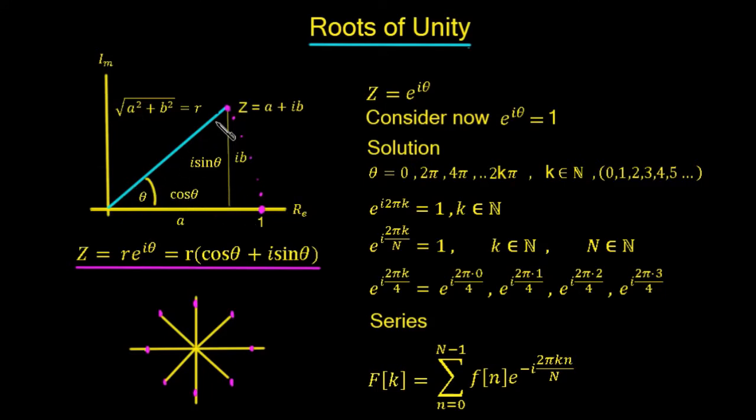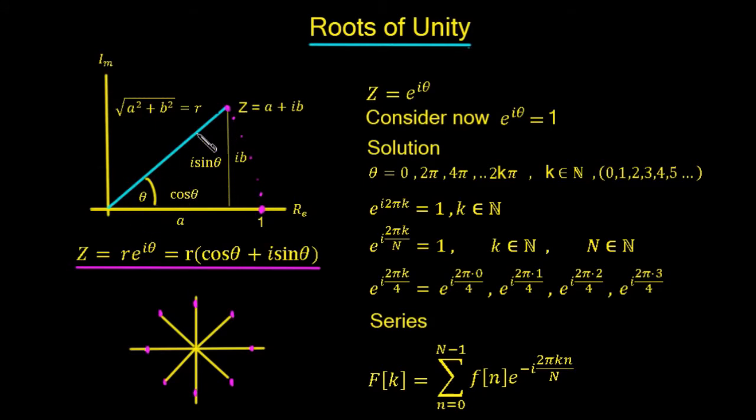We can say this distance here is going to be r, which by Pythagoras is simply the square root of a squared plus b squared, and the angle in here is going to be theta. We know from the identity e to the i theta equals cos theta plus i sin theta that this distance here is going to be our cos theta, and this distance up here is going to be our i sin theta.